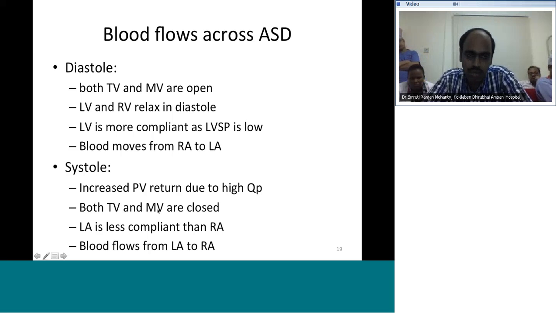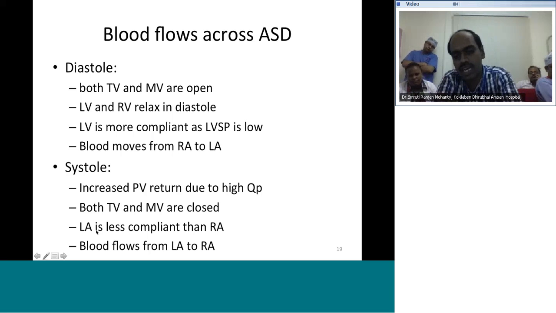So you have pulmonary venous blood coming back from the pulmonary vein into the left atrium with a closed tricuspid and mitral valve. We all know that the left atrium is less compliant than the right atrium. So what will happen? Blood will flow from left atrium to right atrium. So in diastole, blood moves from right atrium to left atrium, and in systole, blood moves from left atrium to right atrium.